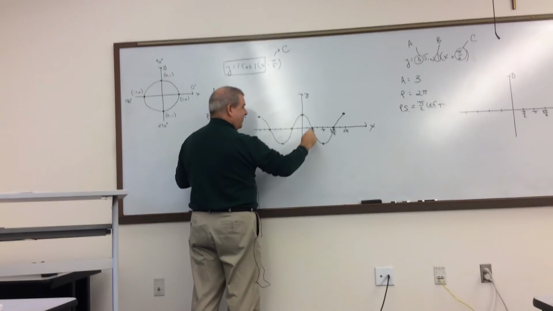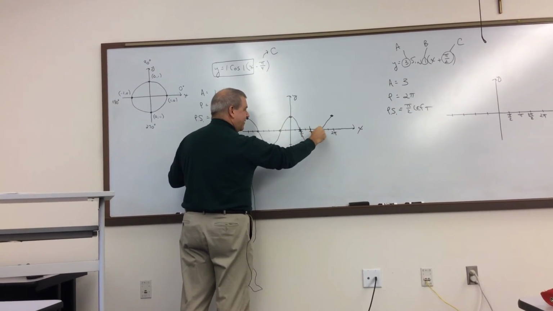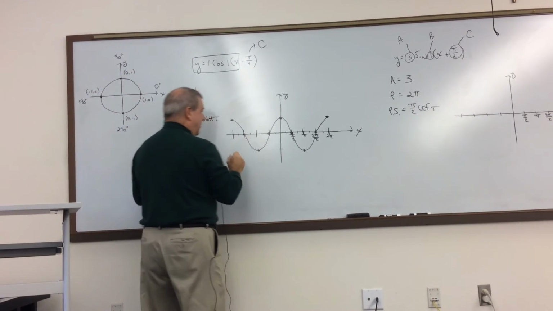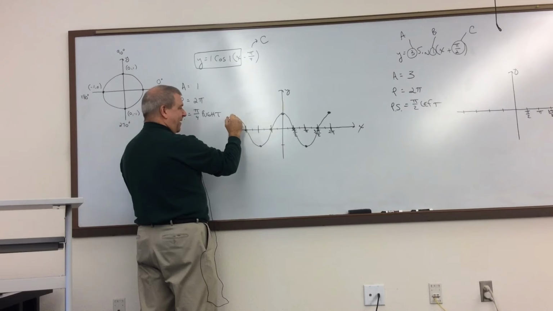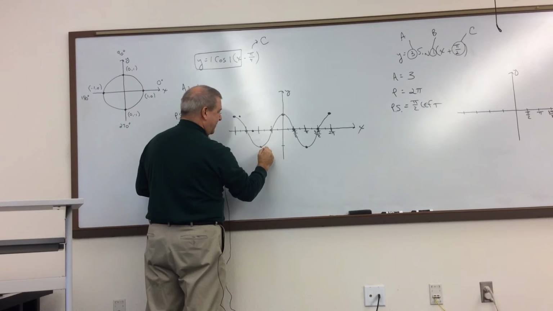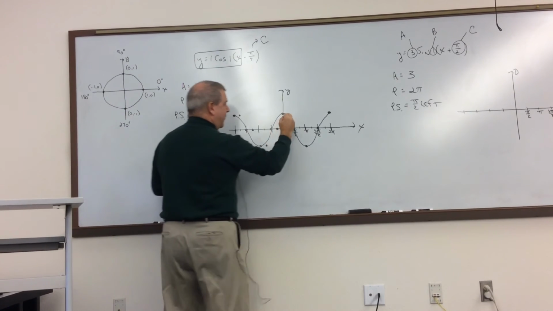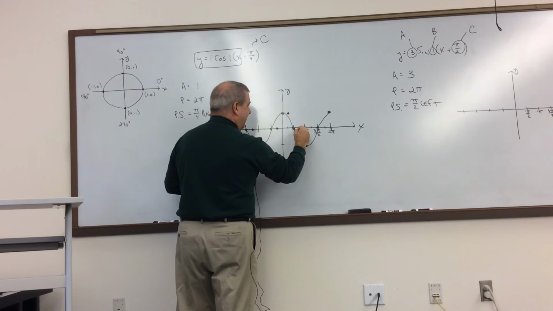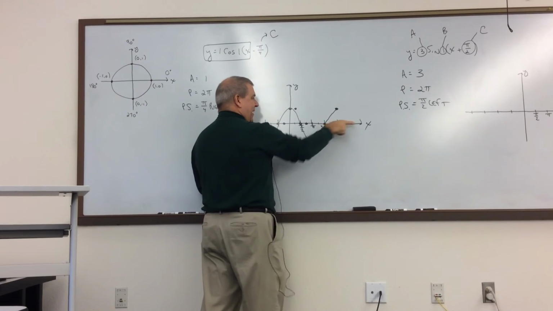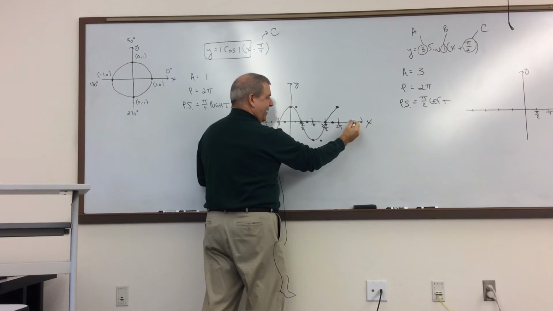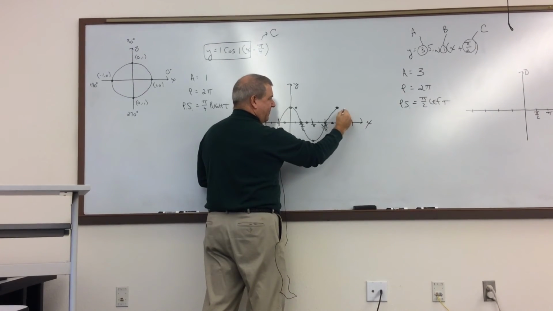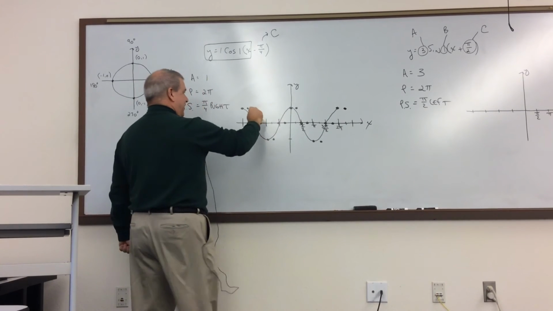You know, maybe I should have made these a little bigger here. 45, to the right 45, to the right 45. Now what do you think I'm going to have to do over here? I'm going to have to add another one there. And then there's 45, to the right 45. And just look.